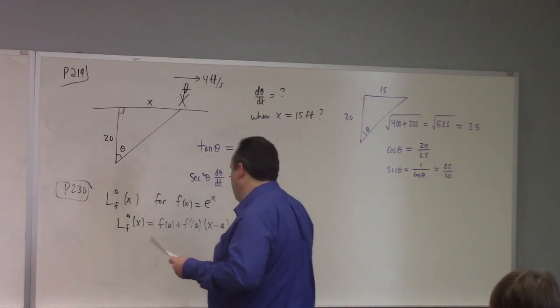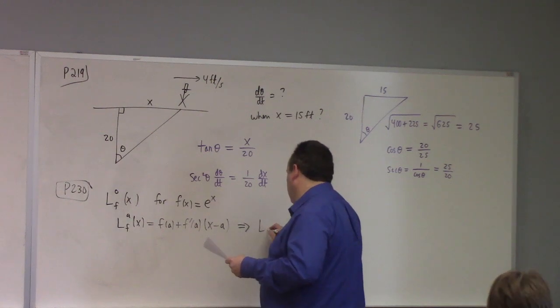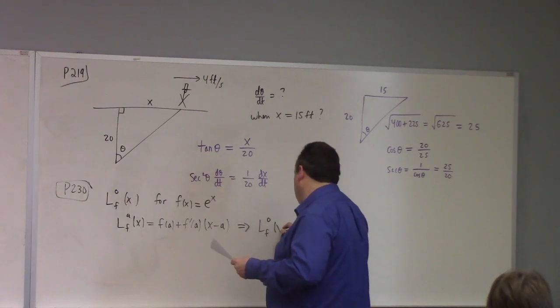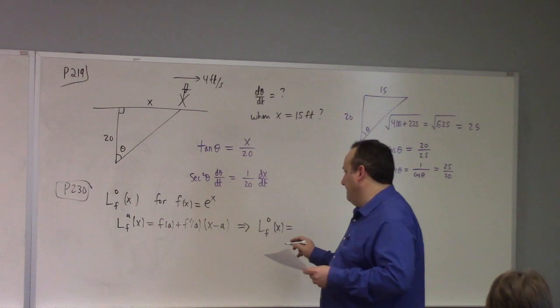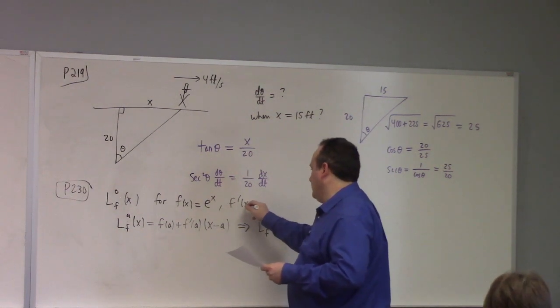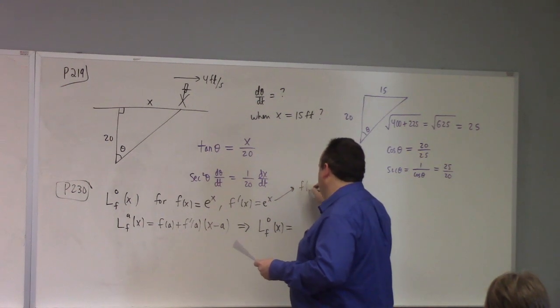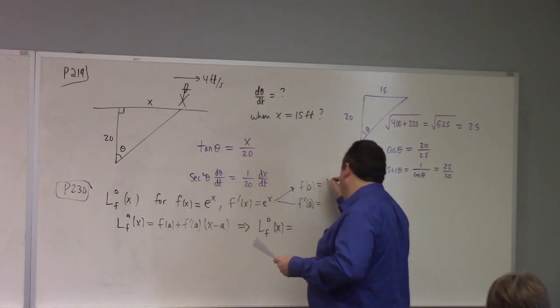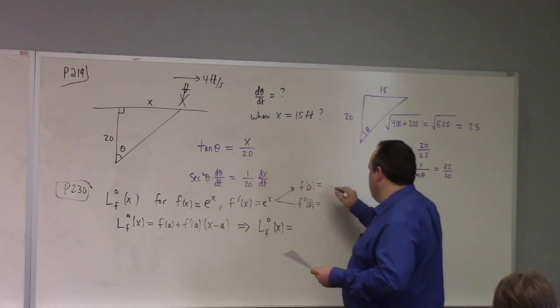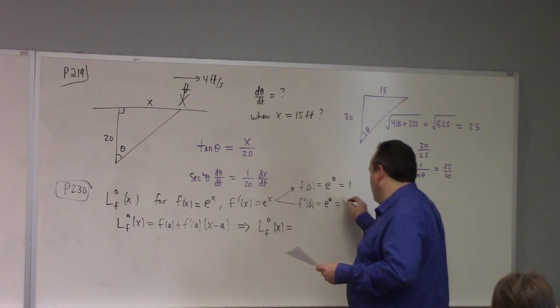So if we put 0 in, what's the linearization at 0? By the way, what's f prime of x here? F prime of x is e to the x again, right? So both f of 0 and f prime of 0 are equal to what? Well, they're both equal to e to the 0. What is e to the 0 equal to? It's equal to 1. Very good.